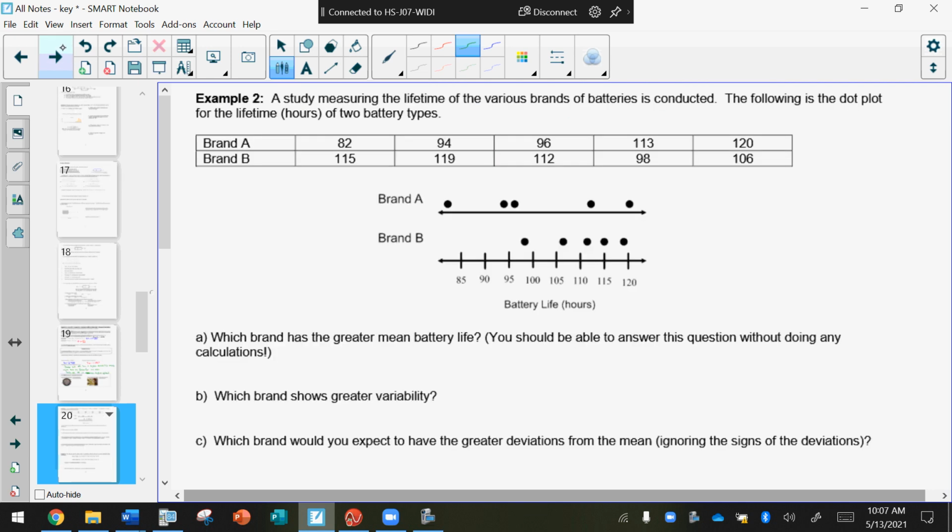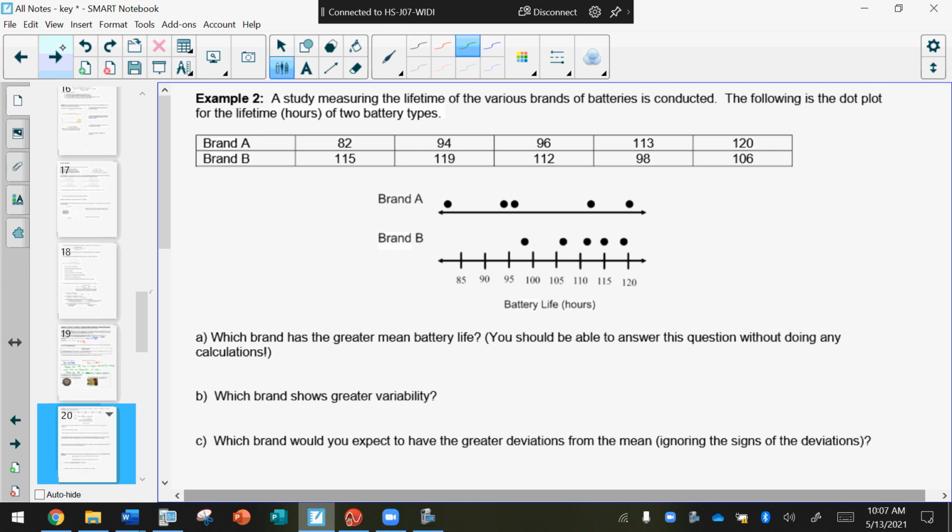Okay, so let's take a look at a study measuring the lifetime of various brands of batteries. The following is a dot plot for the lifetime hours of two different battery types. So we have brand A battery and brand B battery. Which brand has a greater mean battery life? We should be able to do this without going to the calculator. So you look at your data set.